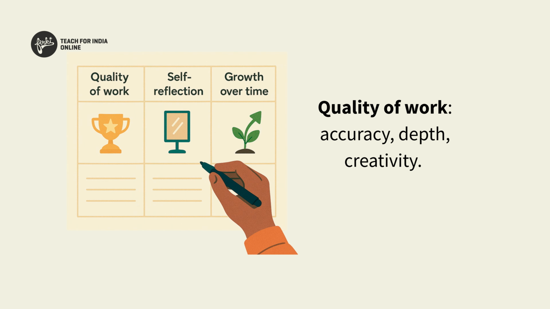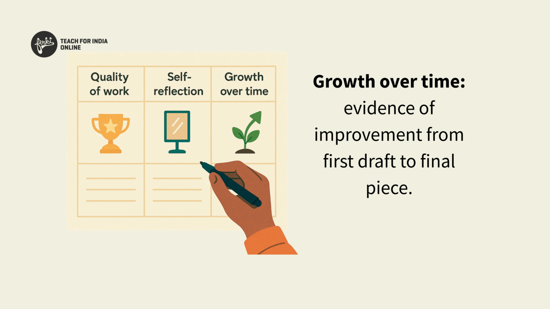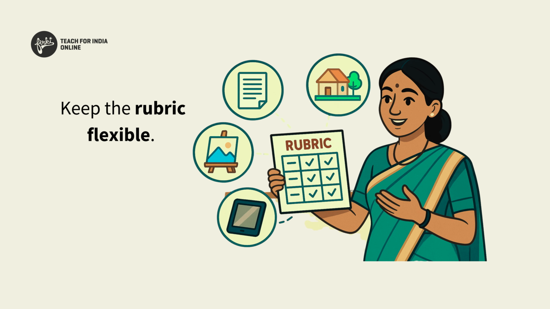Include dimensions like quality of work, accuracy, depth, creativity, self-reflection, how well students analyze their progress, growth over time, evidence of improvement from first draft to final piece. Keep the rubric flexible enough to accommodate different media, such as written essays, projects, and other creative artifacts.